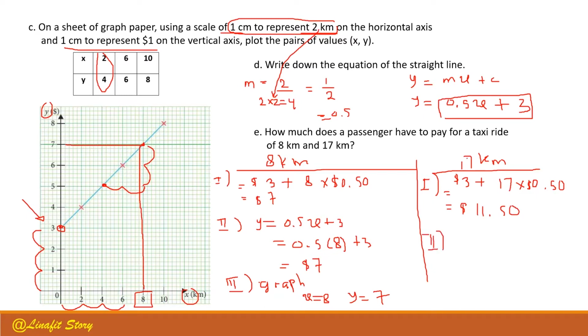The second method, we will use y is equal to 0.5x plus 3. Substitute x with 17. So 0.5 times 17 plus 3 is equal to 11.5. So the cost for 17 km is $11.50.